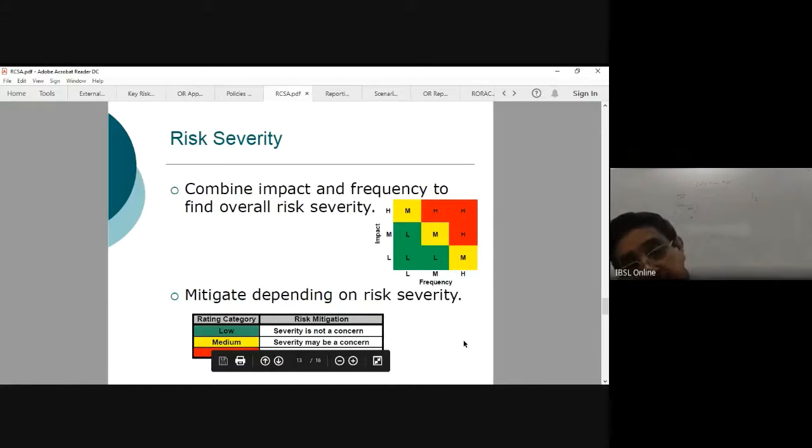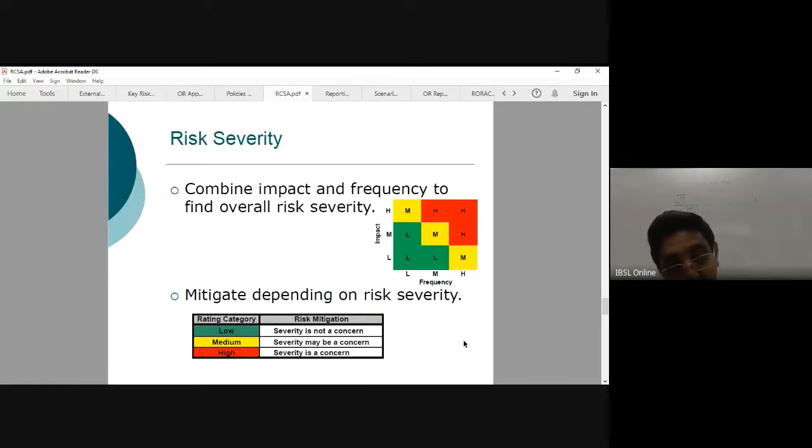When you have a rating category as low, then there won't be any mitigation taken into account because it is low. If it comes as medium, severity may be a concern, and if high, it is a concern really.